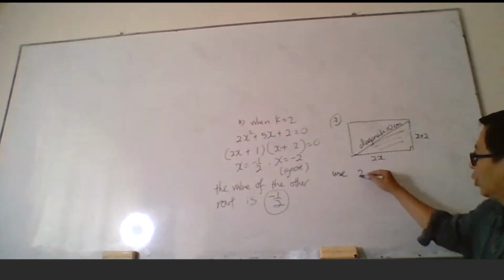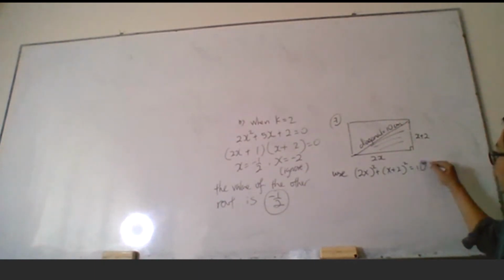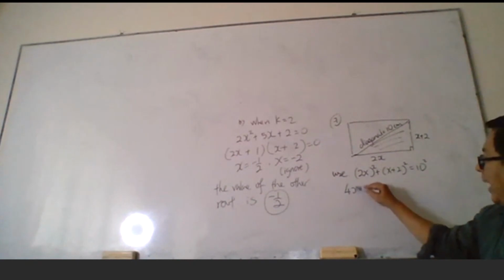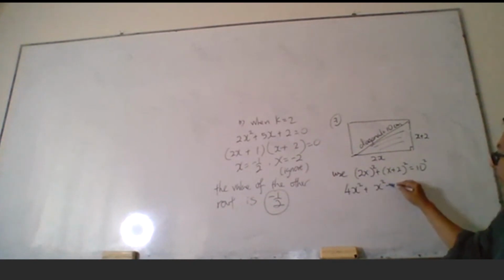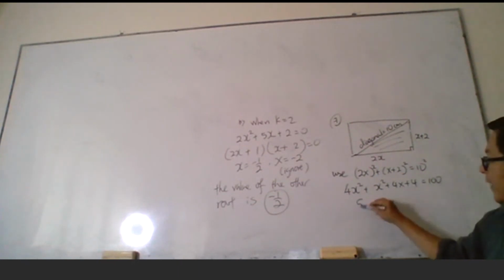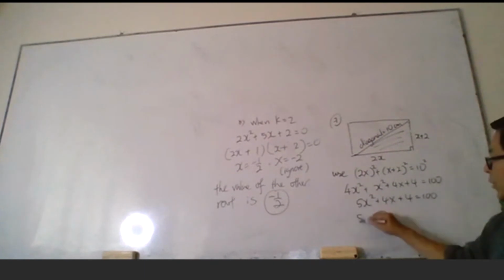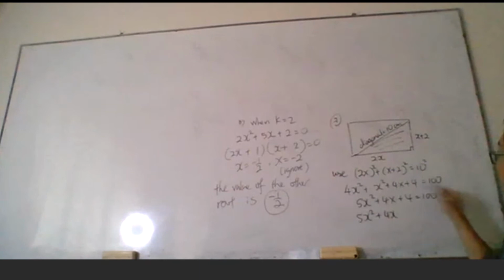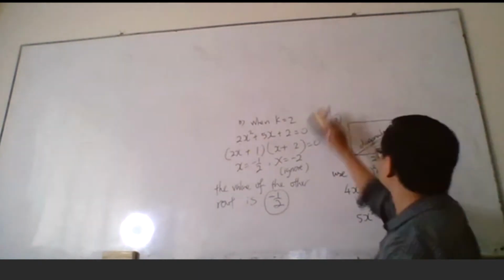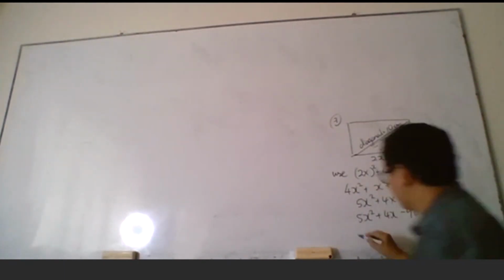So I'm going to use (2x) squared plus (x plus 2) squared equal to 10 squared. So 4x squared plus x squared plus 4x plus 4 equal to 100. And 5x squared plus 4x plus 4 equal to 100. So we try to move, so this becomes 96. So do we need to factorize?